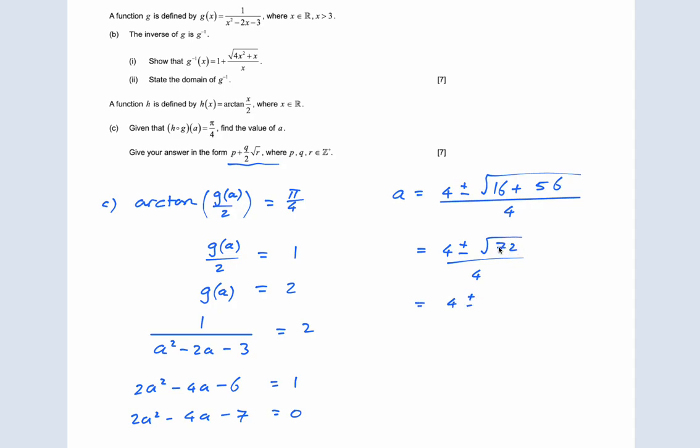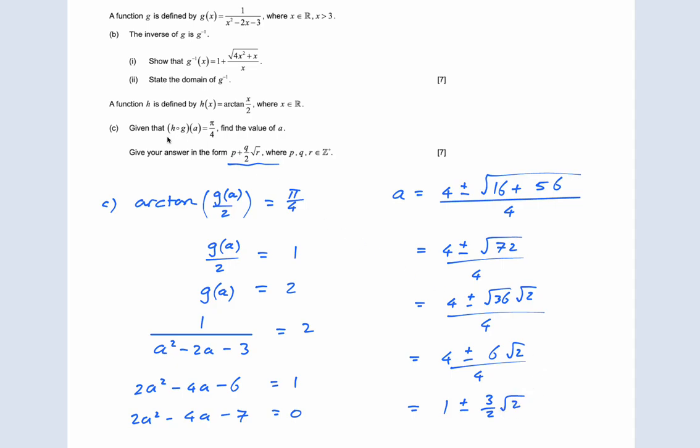Now this guy, 72, can be split into root 36 times root 2, since 2 times 36 is 72, all over 4, which is 4 plus or minus 6 root 2 over 4, which is finally equal to 4 divided by 4 is 1, plus or minus 6 divided by 4 is 3 over 2, which is what we kind of wanted here, 3 over 2 root 2.